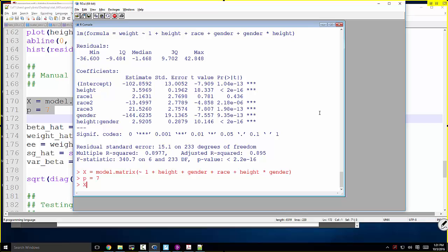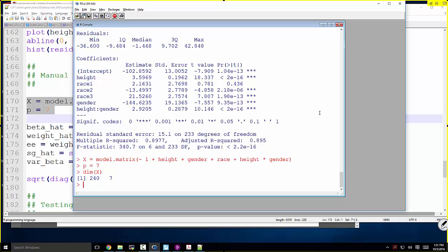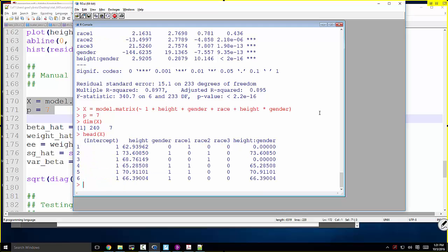This is going to be 240 by 7. Here are the first so many rows. We have a column full of 1s for the intercept. Then we have height, gender, and then we have those race variables. It has created 3 dummy variables, indicator variables, for yes or no: is individual i race 1?